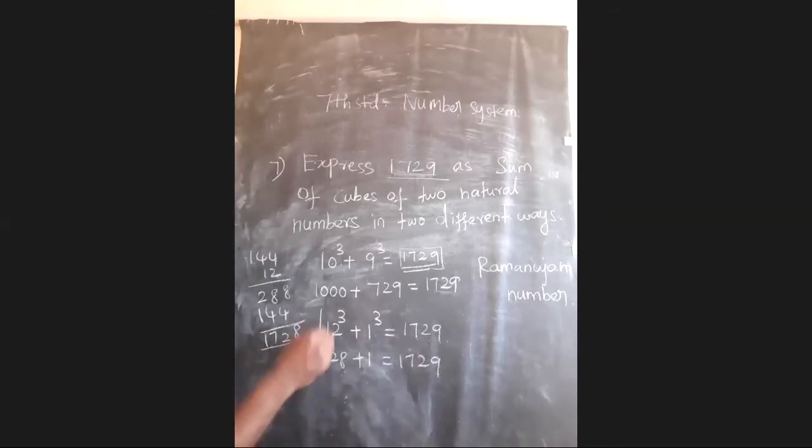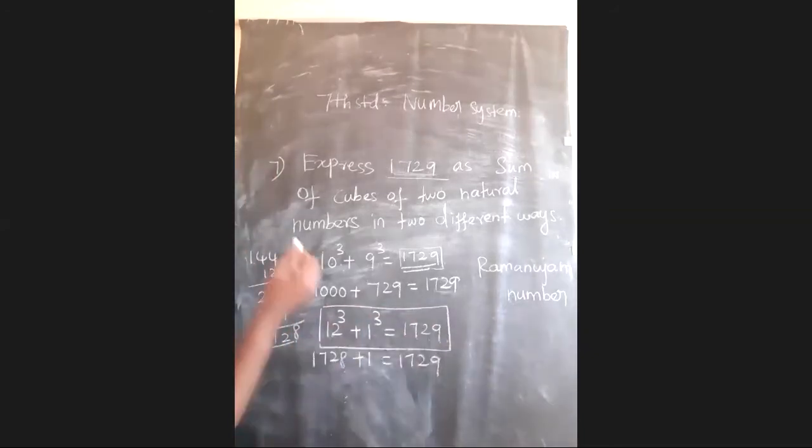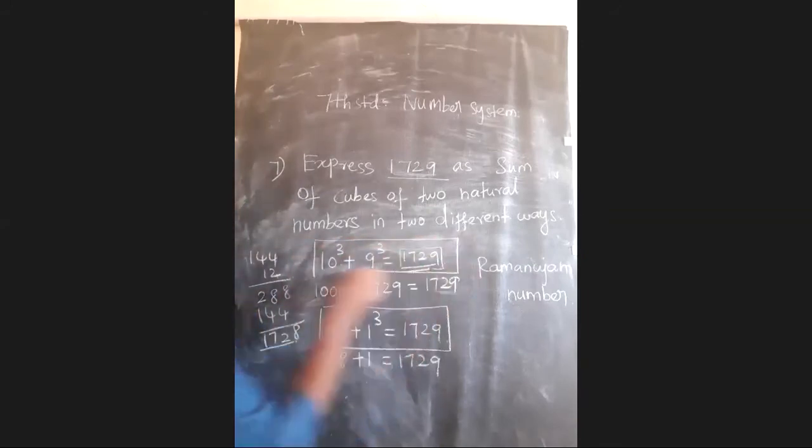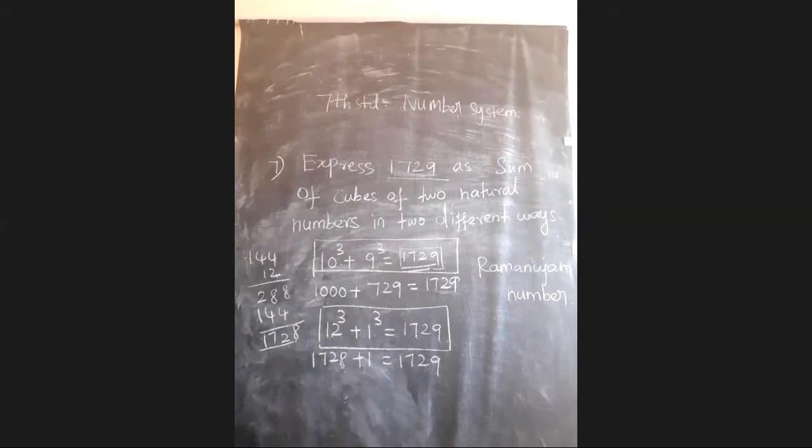So he found this format. Okay. So that's why this number is called Ramanujan number. He is our Indian mathematician.